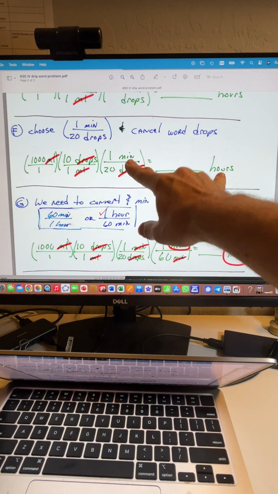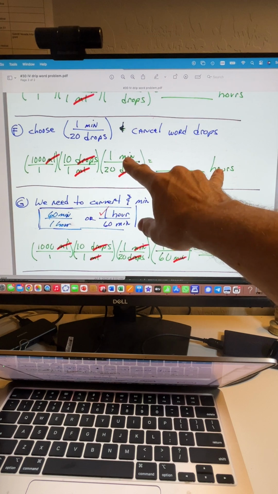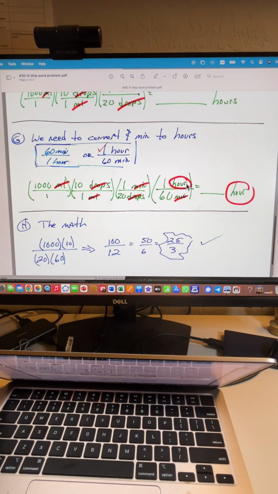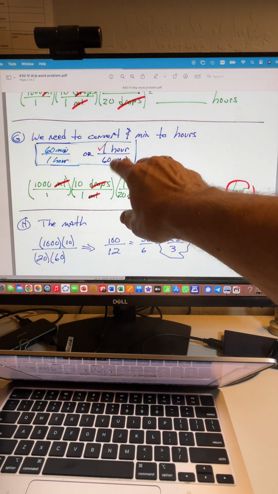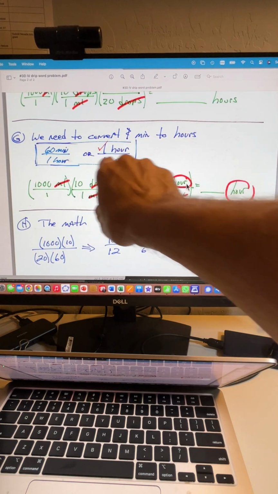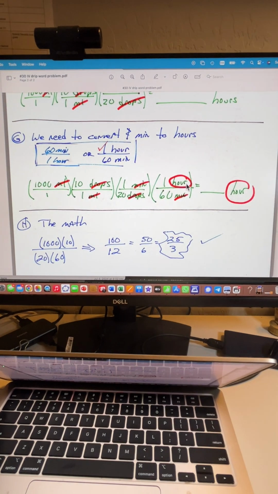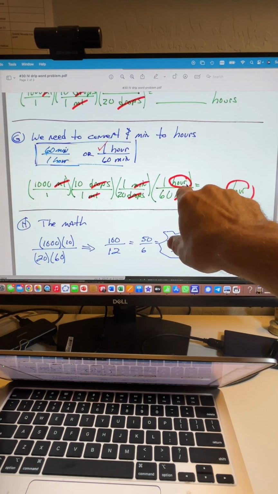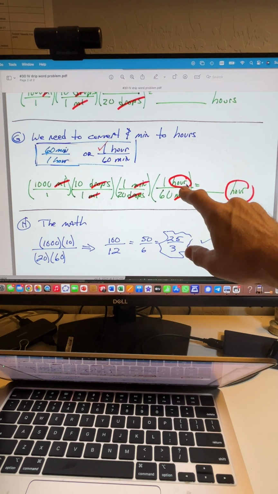And then you can see now, look, we're getting closer to the word hours because, well, we all know the next one is the conversion factor you have to know. And it's between 60 minutes and 1 hour. And look, I wrote it both ways, 60 on the top, 60 on the bottom. And I chose 60 on the bottom because the word minutes cancel. And look, now we're at the word hours.